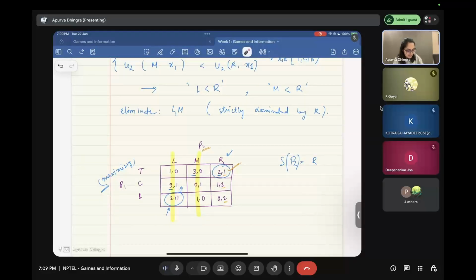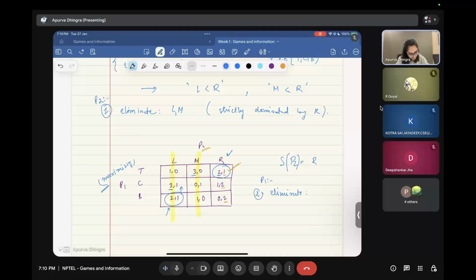Or in other words, we can say we eliminate C and B because those are strictly dominated by T. So this was step 1, this is step 2. Step 1 was player 2's doing, and this is player 1's doing.